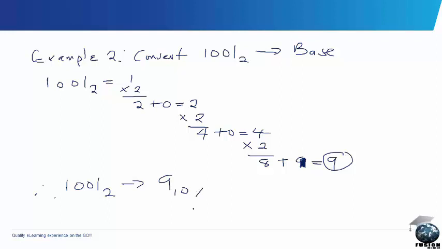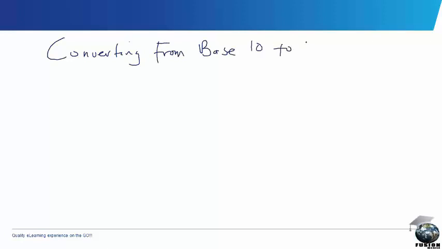All right, now we'll be talking about how to convert from base 10 numbers to other bases. There is only one method you can use to do this conversion, okay, and that method is the method of continuous division. All right, like I said, converting from base 10 to other bases.